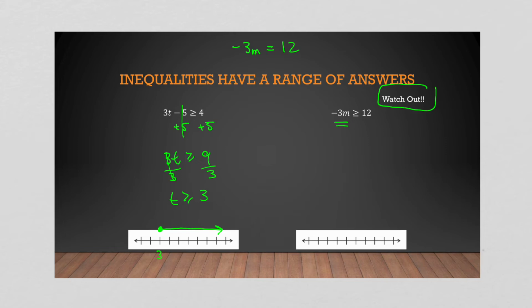So if you added 3m to this side and you added 3m to this side, you would then have the 3m on the other side, and you'd have 3m plus 12, and you'd have 0 over here. And then you subtract 12 and subtract 12. If you look closely, what you've done over here on the left is you now have -12 equals +3m. You've changed the sign of the two things, but they're on opposite sides of the equal sign.